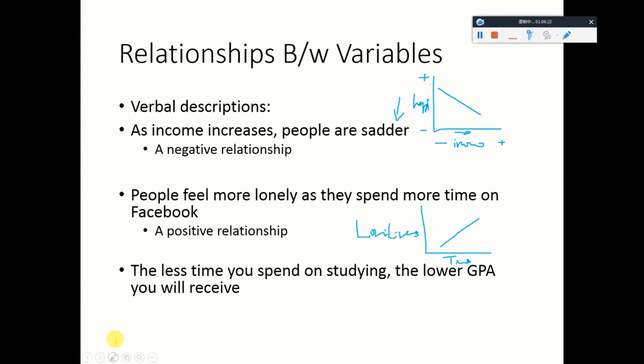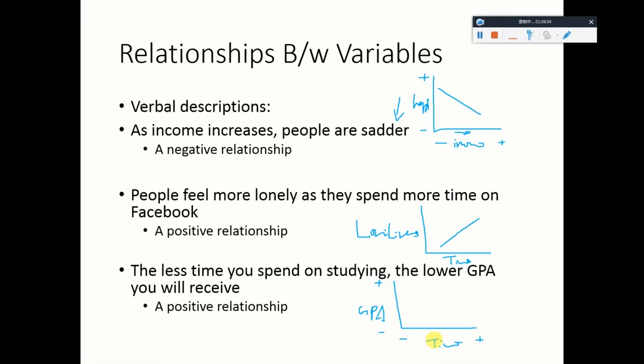a positive correlation. Why, you would say? Well, because if we plot it, this is time, this is GPA, right? The claim says, let's say this less time, this more time, this low GPA, this high GPA.